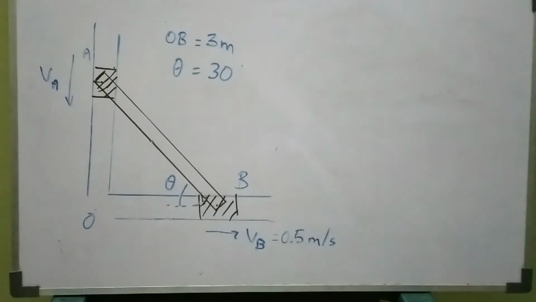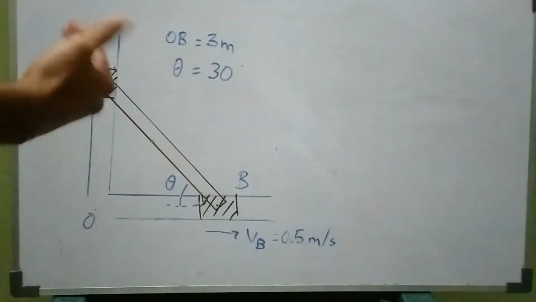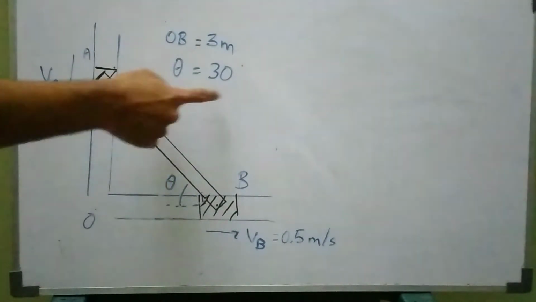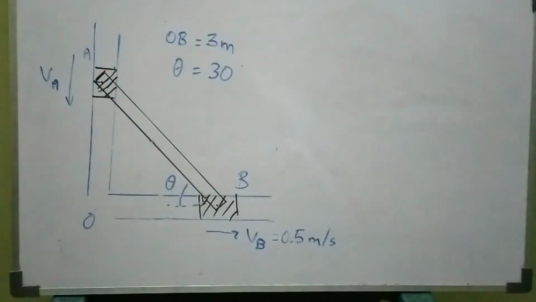After that, we need to find the angular velocity at theta equals 30 degrees, as well as OB. They have given OB equals 3 meters at that instant. First, we need to find the instantaneous center. The next part, we need to calculate the value of omega.